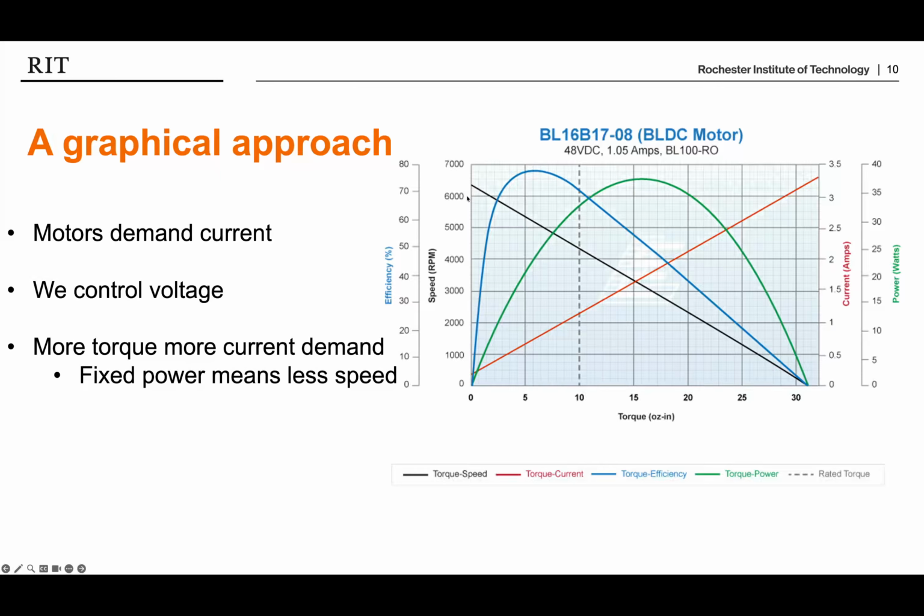So let me start over here. I have a really high speed, but I'm multiplying by 0 torque. I should end up with a value of 0. Now if I slide over here to where I am at stall, I have a really high torque times 0 speed. Well, anything times 0 is 0.